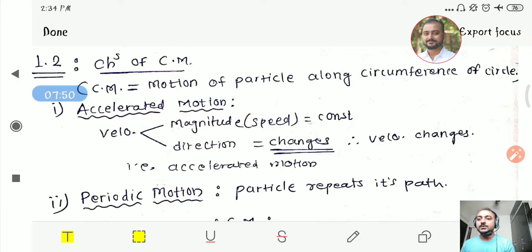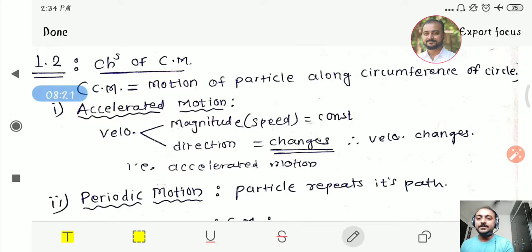Here first we have to study 1.2, characteristics of circular motion. Before that we have to discuss what circular motion is. It's simple: motion of a particle along the circumference of a circle is called circular motion.